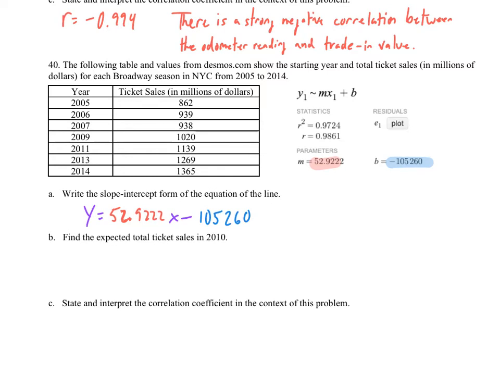Pretty easy. Find the expected sales in 2010. Again, the year was our x values, so I'm going to plug 2010 into x. So y equals 52.922 times 2010 minus 105,260.